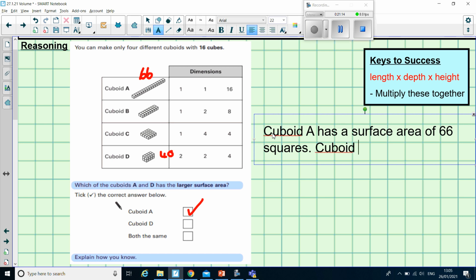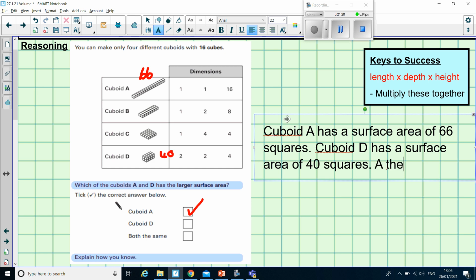Cuboid D has a surface area of 40 squares. A, therefore, has the largest surface area.